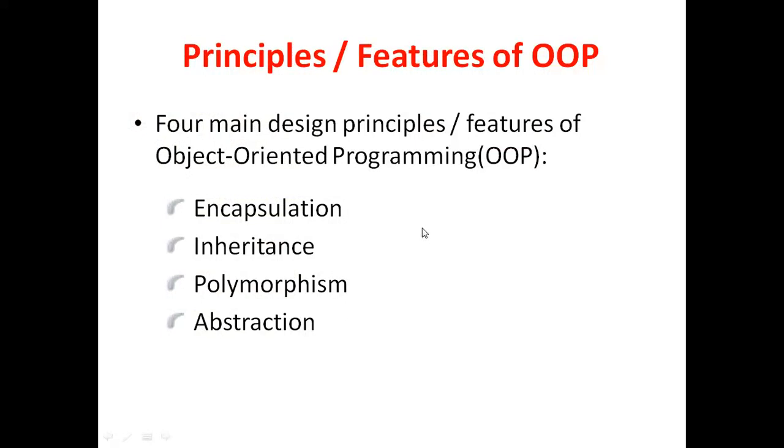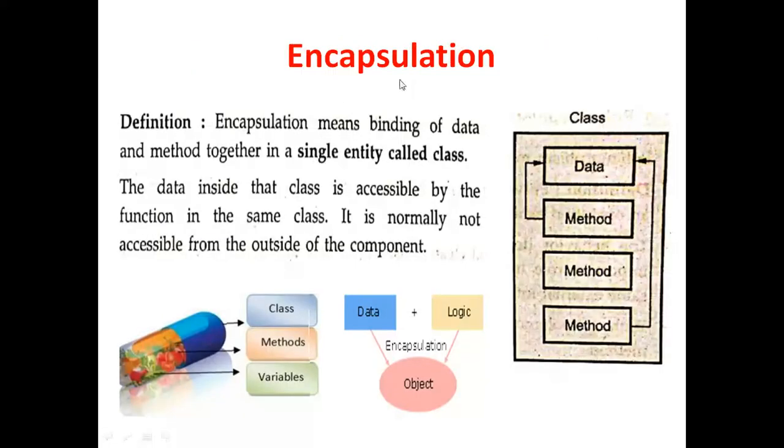Now we'll see the principles and features of object-oriented programming. Object-oriented programming consists of four basic features: encapsulation, inheritance, polymorphism, and abstraction. We'll see the first, encapsulation.